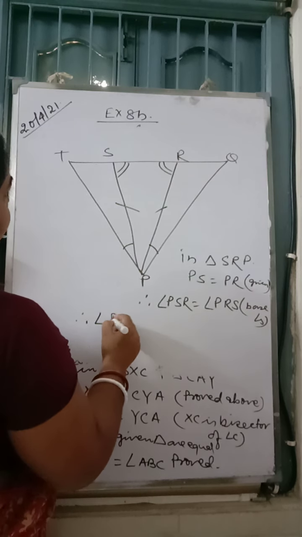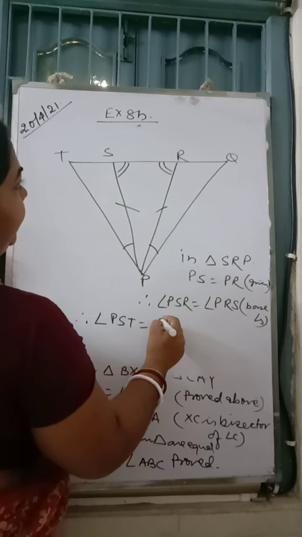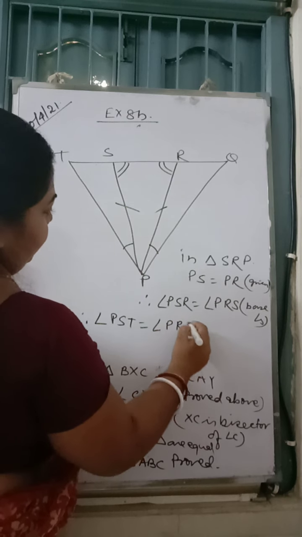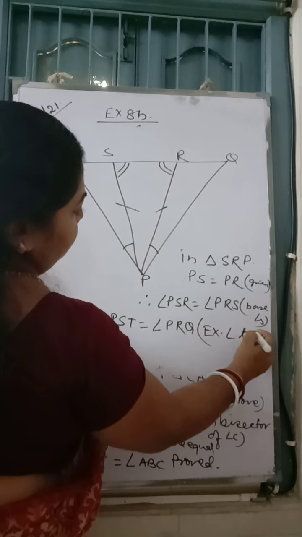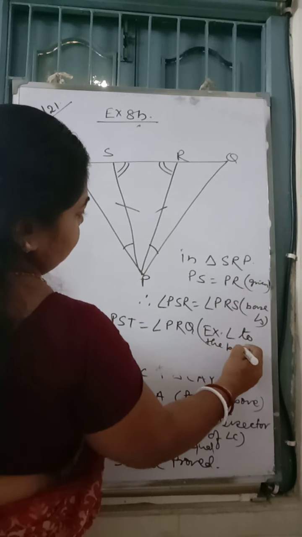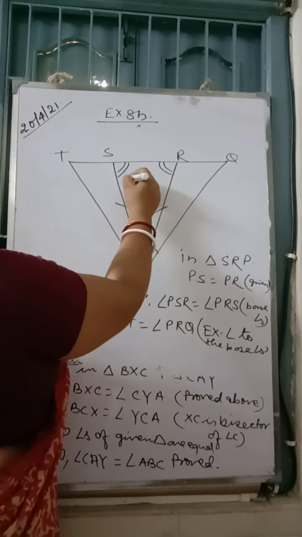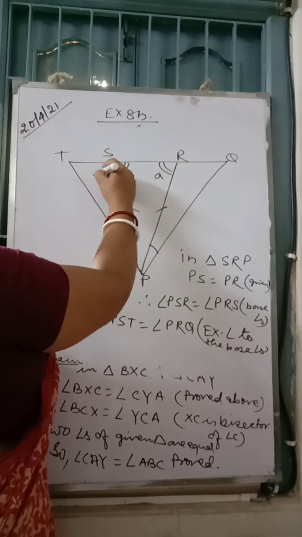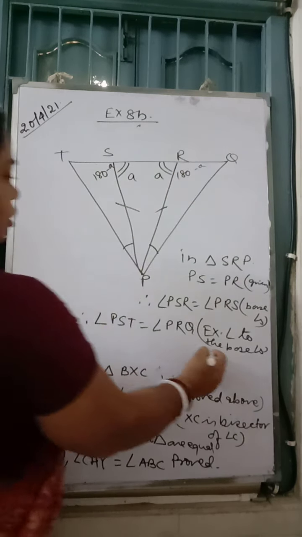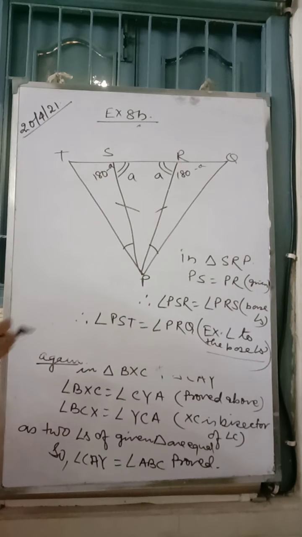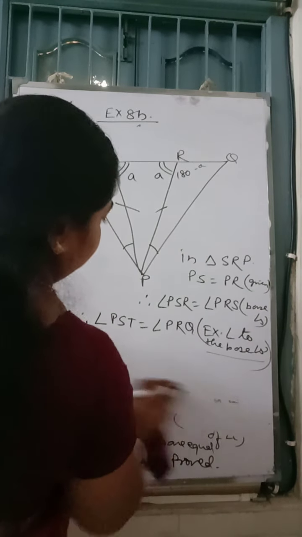Therefore angle PST will be equal to angle PRQ, exterior angles to the base angles. If this is A, this would be 180 minus A, and this also would be 180 minus A. So exterior to the base angle, it will be equal. Already last day we have proved this.